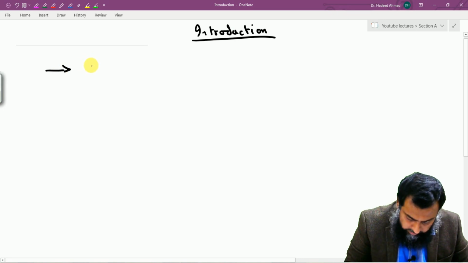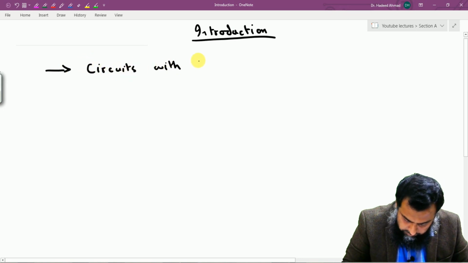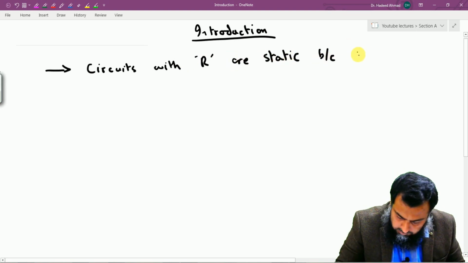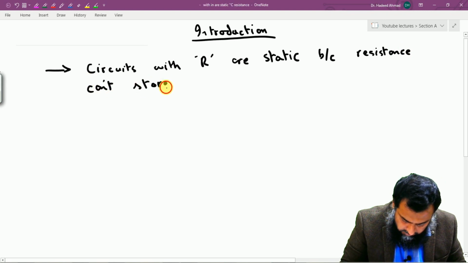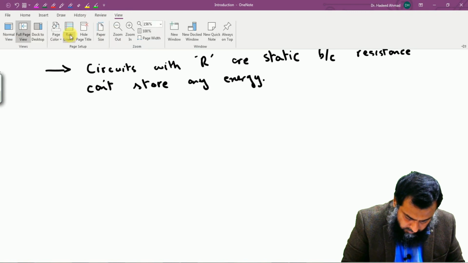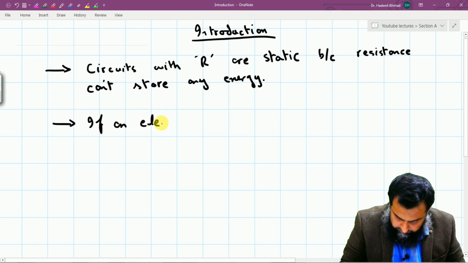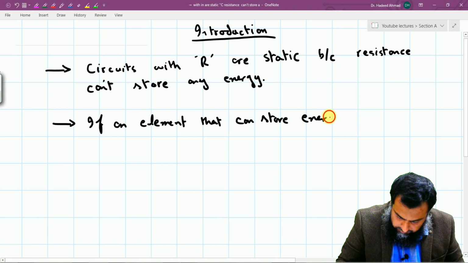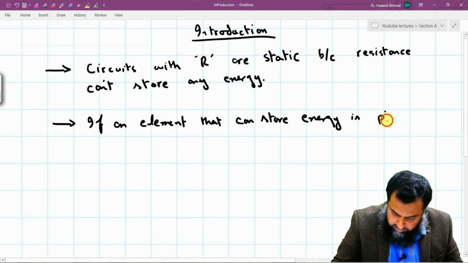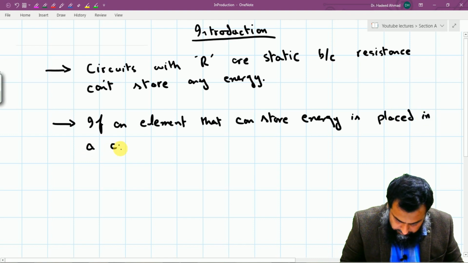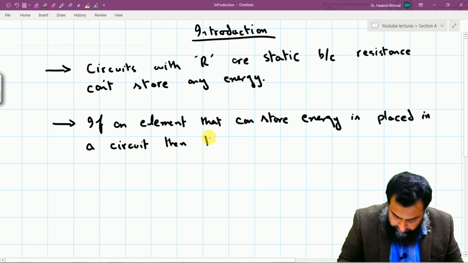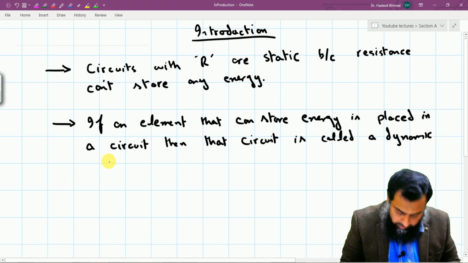The circuits with only resistances... if an element that can store energy is placed in a circuit, then that circuit is called a dynamic circuit, right?